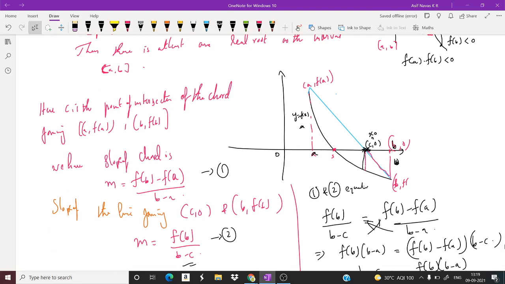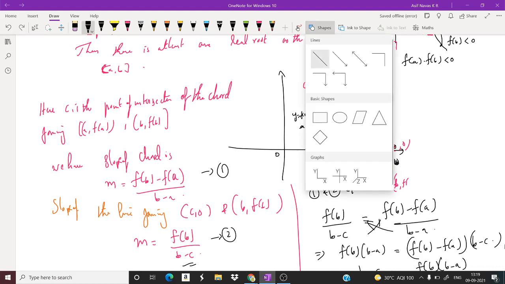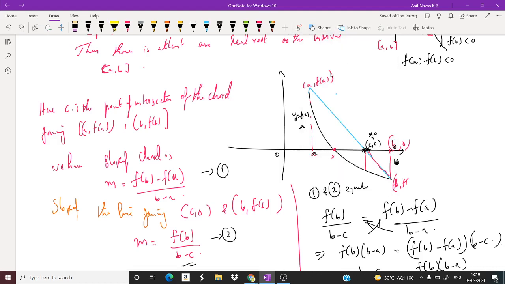Now for the second approximation, what we will do is we will draw from here to here. Then our second approximation will be this x2.